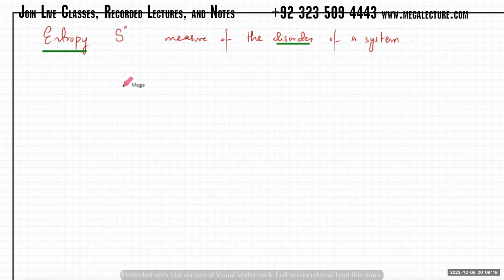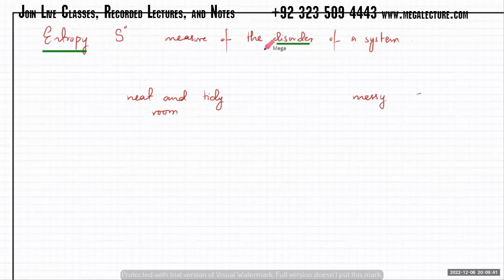Actually, the first thing is it's a measure of a disorder of the system. ठीक है, तो I explained last time that if there's a very neat and tidy room, and on the other hand you've got a very messy and untidy room, so one is a high entropy state, the other one is a low entropy state.